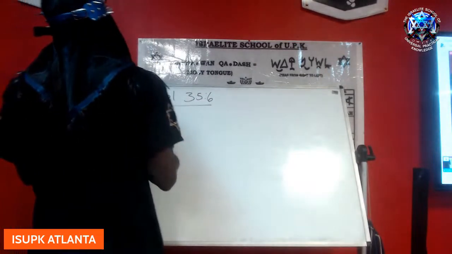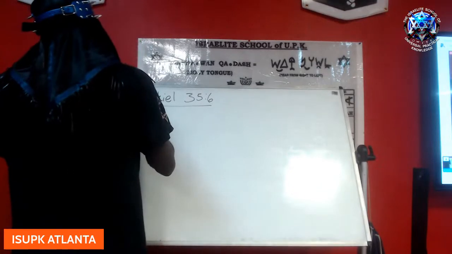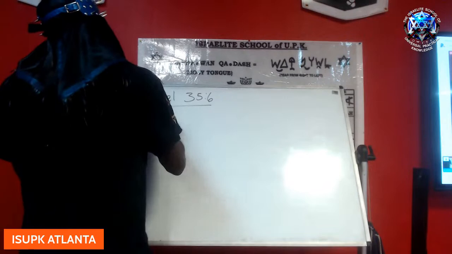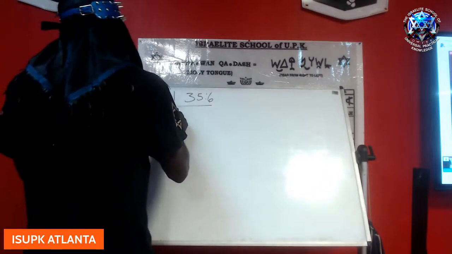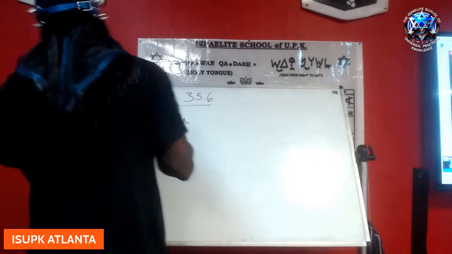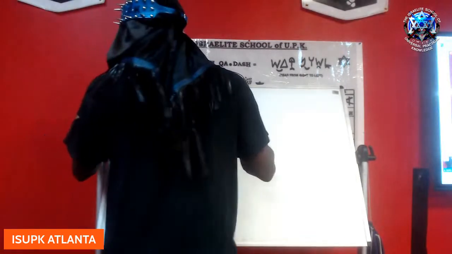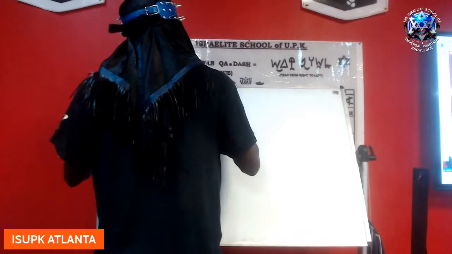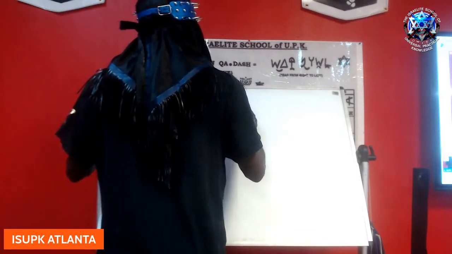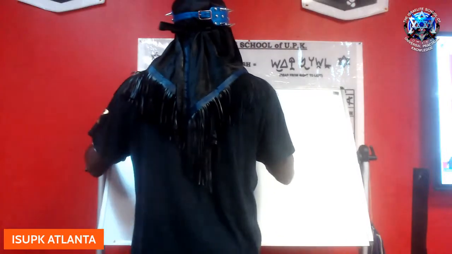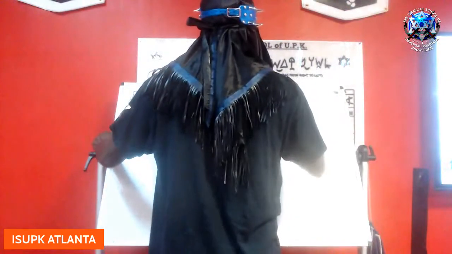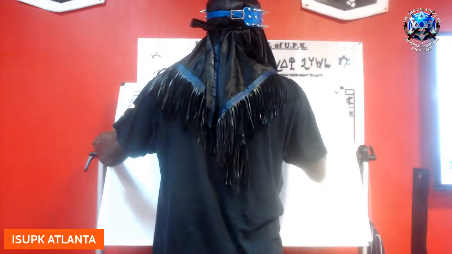So we need to understand one thing now. The Lord is a man of war. That is his business. His business is war. This is the book of Ezekiel, chapter 35, verse 6.